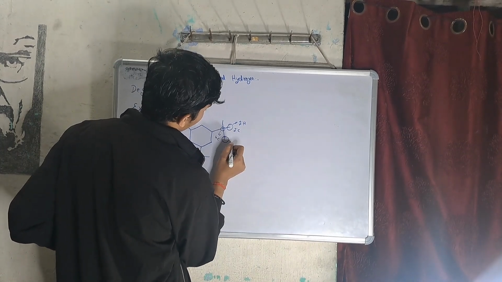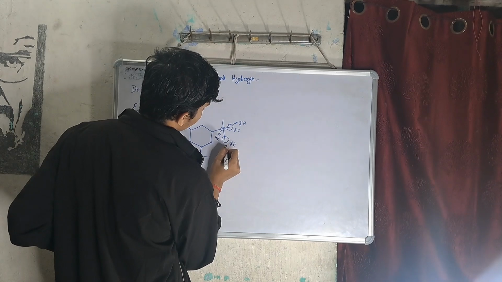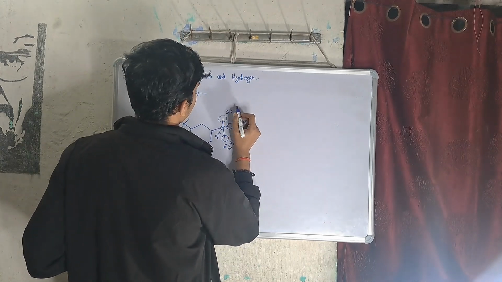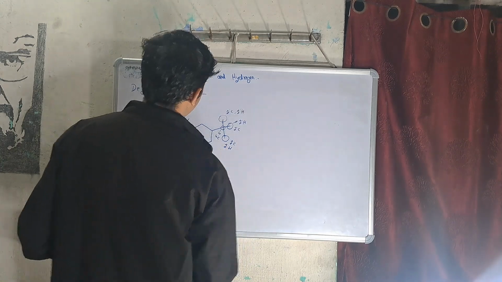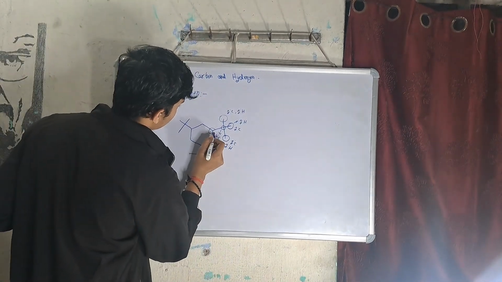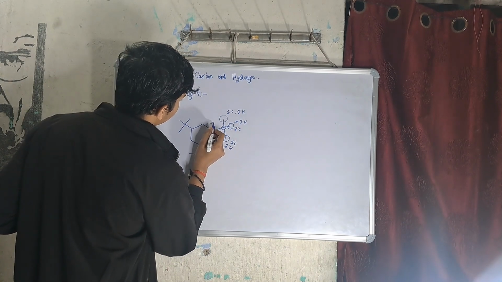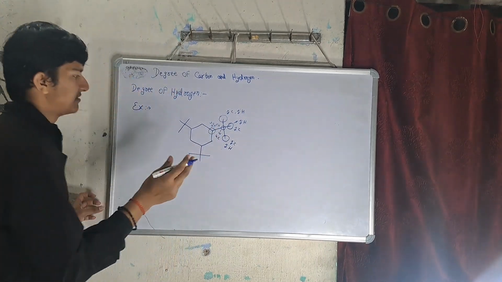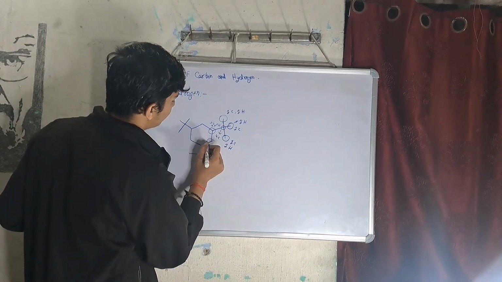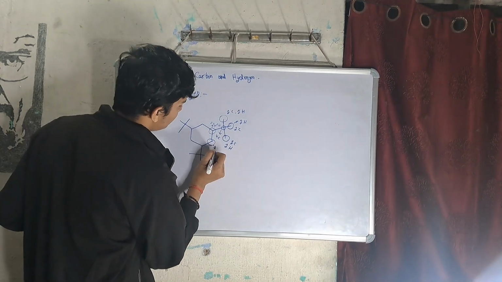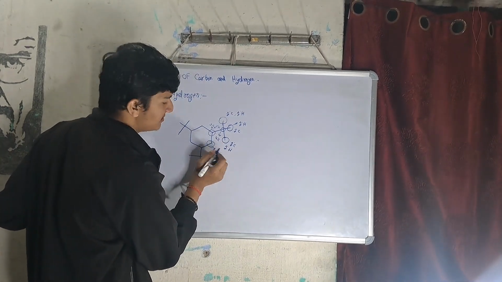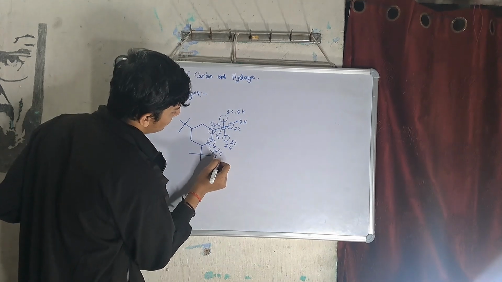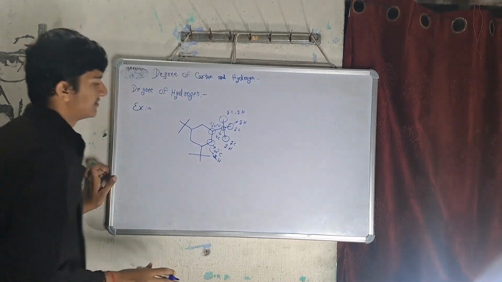This carbon is connected to 1 carbon, so it is also 1 degree carbon, and hydrogen is 1 degree hydrogen. This is similarly 1 degree carbon and 1 degree hydrogen. Now take this. This is tertiary carbon, so 3 degree carbon, and the hydrogen is also 3 degree hydrogen. Now take this. This is 2 degree carbon because it is surrounded by 2 carbons, and the hydrogen present at this is 2 degree hydrogen.